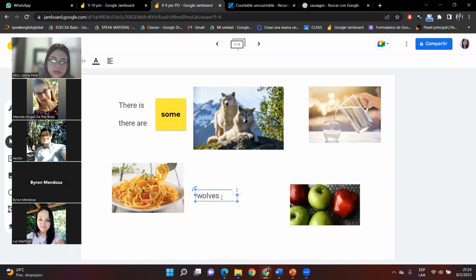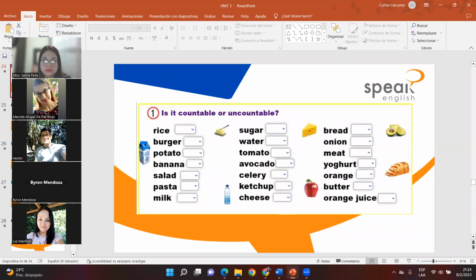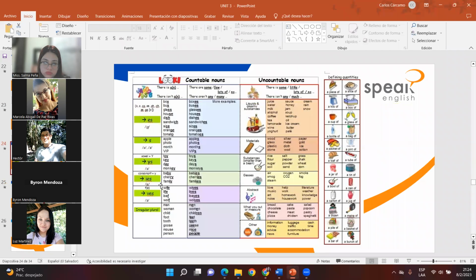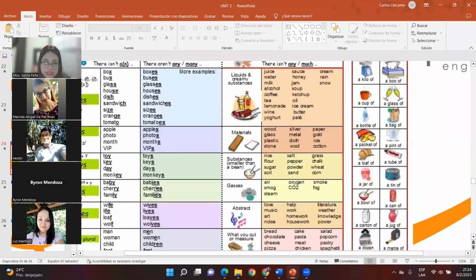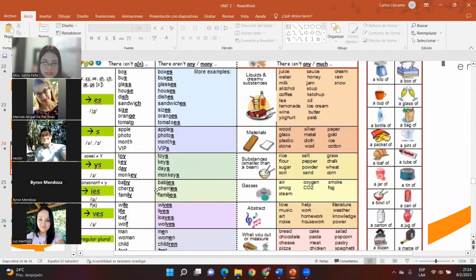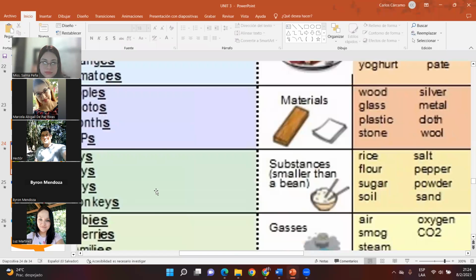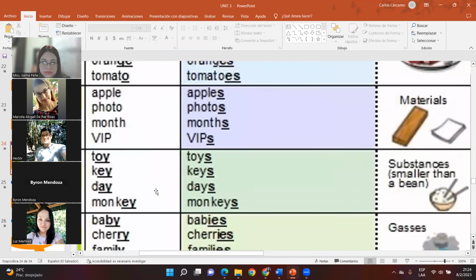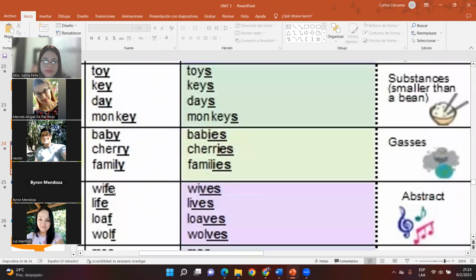Yes, wolf, like this. But when you create the plural, it becomes wolves with a V. Let's show you. Like this. Why?